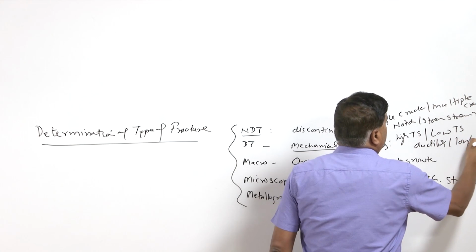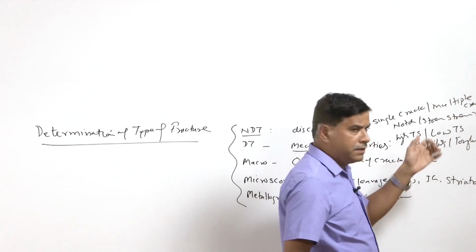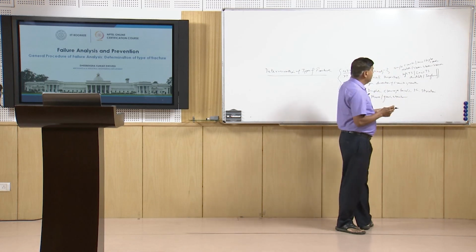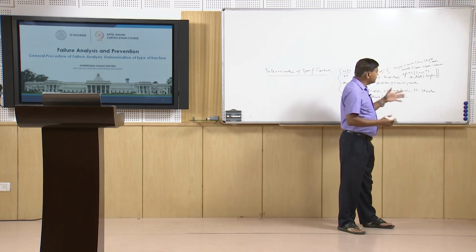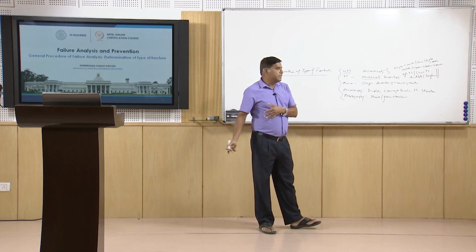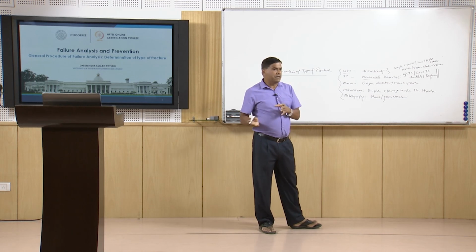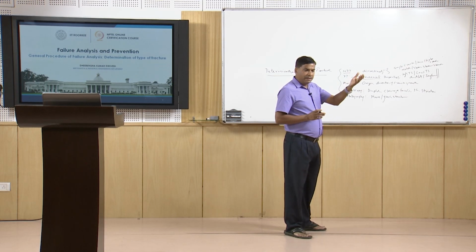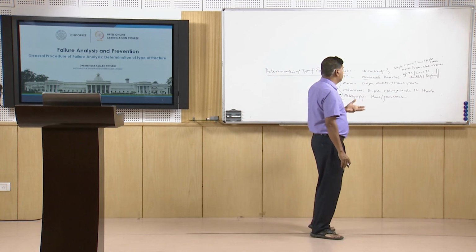Accordingly, the material behavior can be expected. If it is of high strength, low ductility, low toughness, then it will tend to fail in a brittle manner, and if it is of low yield strength, high ductility and high toughness, then it will fail in a ductile manner, provided it has not experienced some other effects, such as unique changes during service, whether high temperature or low temperature, or structural instability in the material.